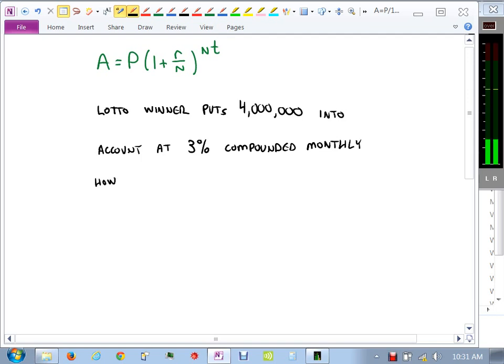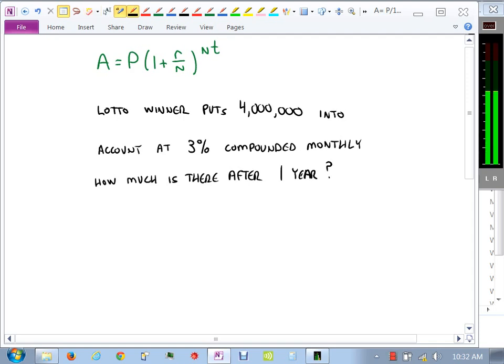How much is there after 1 year? So this problem is a little different because I'm not actually asking you to find how long it takes.